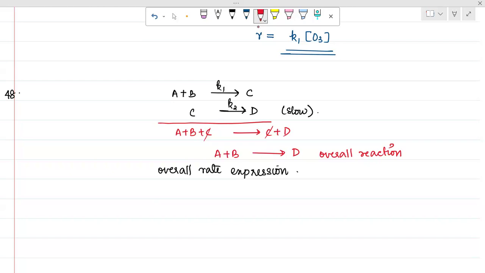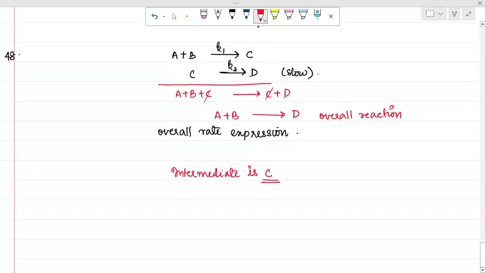Now you have identified who the intermediate is. Intermediate is C. Also, they have given who the slowest step is. Step 2 is the slowest step. So rate is equal to rate constant into the reactant of the slowest step, which is C. Put this as equation number 1.